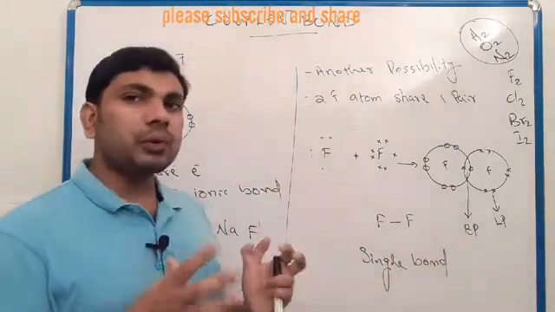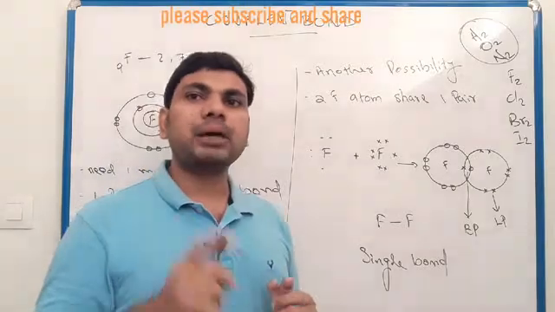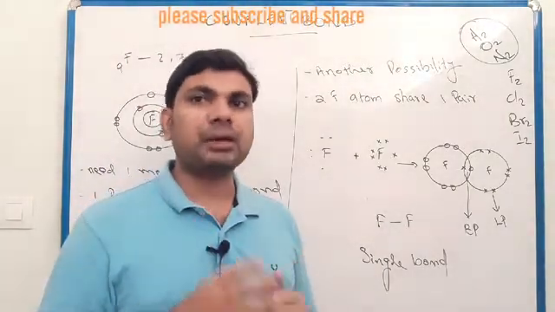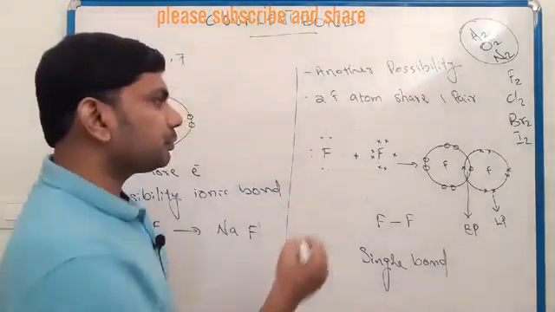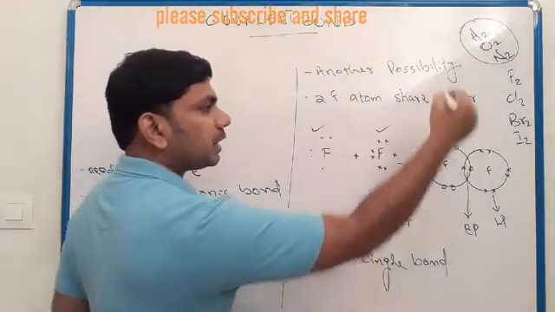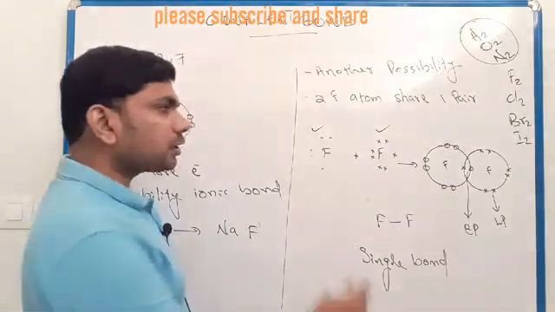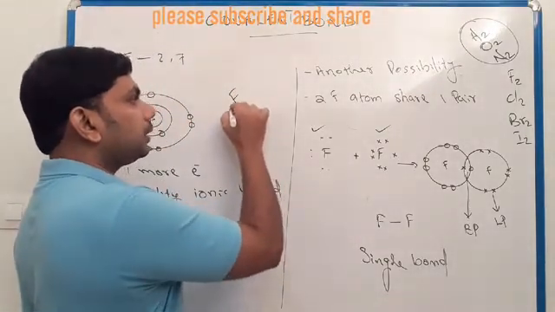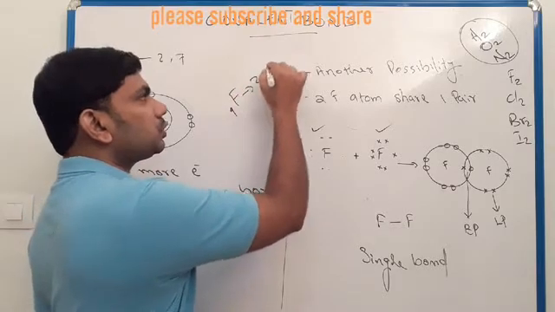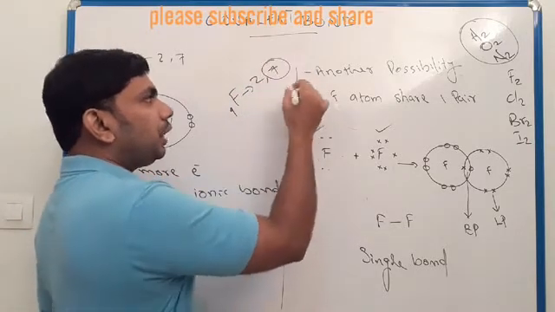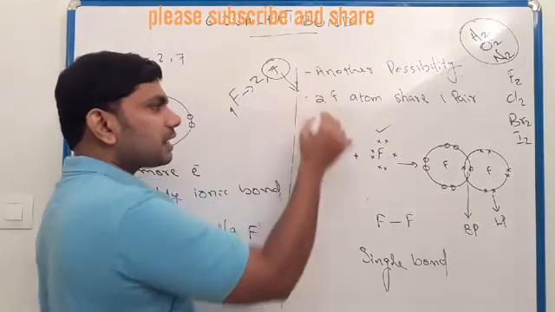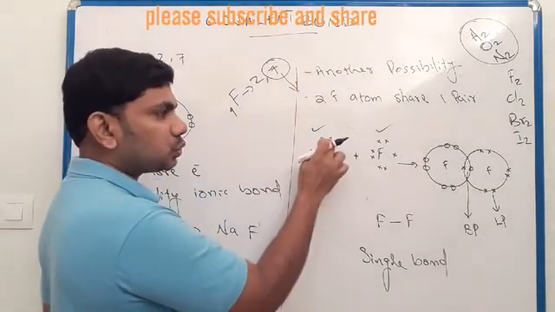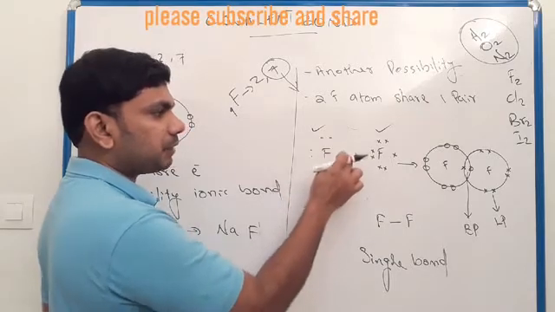Here, two fluorine atoms share one pair of electrons. Look here, this is one fluorine, this is another fluorine. We know fluorine atomic number 9, first shell 2 electrons, second shell 7. I used only these 7 electrons here, in the outer shell: 2, 4, 6, 7.